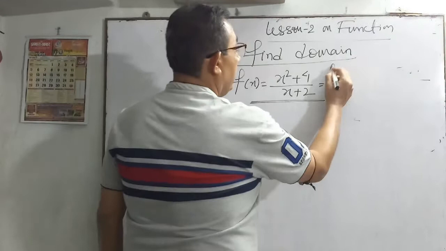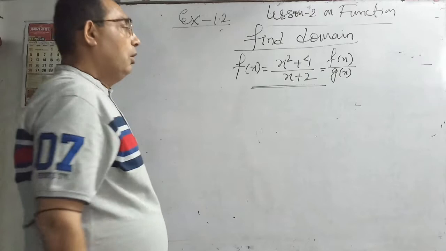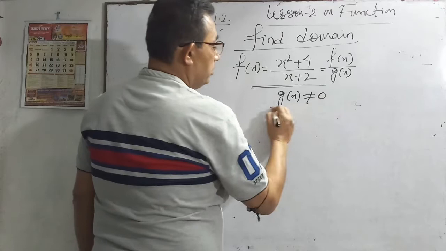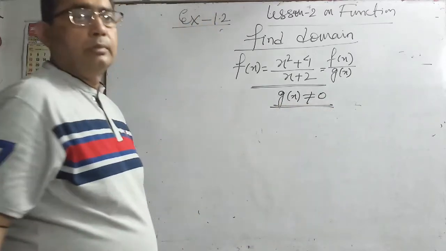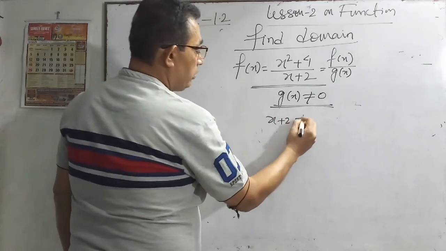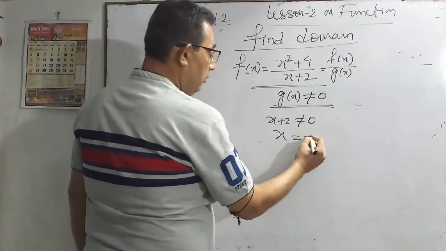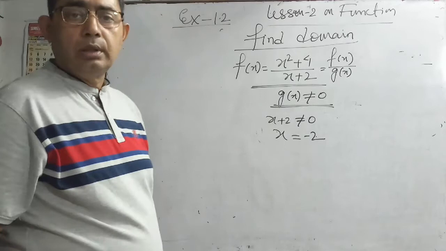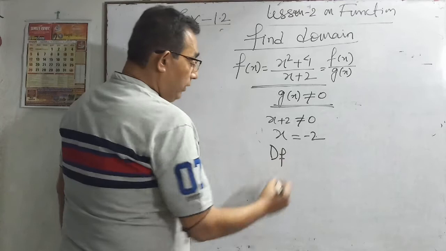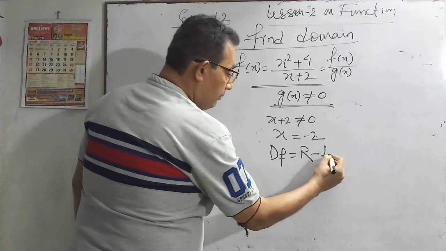You know this one is f(x) and this one is g(x). Already g(x) is never equal to 0. So x + 2 is also not equal to 0. That means x is not equal to −2. That means the domain of f is real numbers minus {−2}.